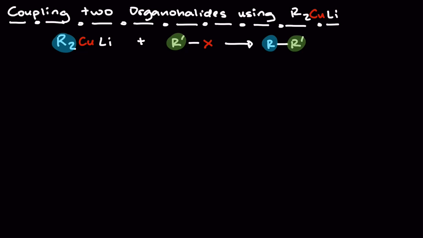When these reagents react with each other, you form this coupling product where the R group of the lithium dialkylcuprate and the R group of the organohalide come together to form a CC bond, and some byproducts that have an organocuprate and a lithium halide that gets sort of washed away.